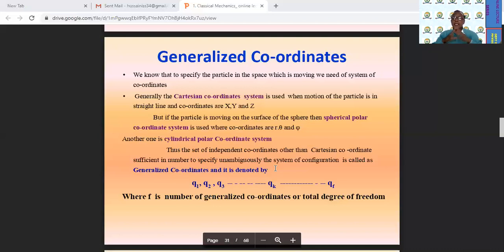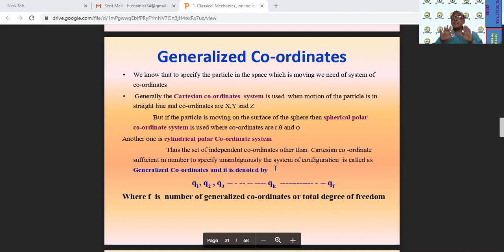But in addition to these three, there is another set of independent coordinates, other than Cartesian coordinates, which are generally used to specify unambiguously the configuration of the system. That is, a set of coordinates other than Cartesian coordinates, used to specify a particle, are called generalized coordinates.